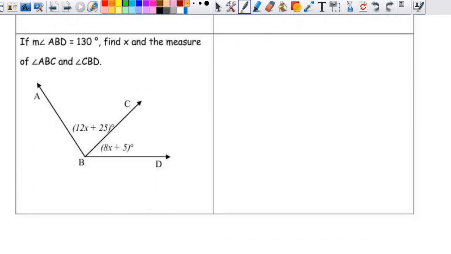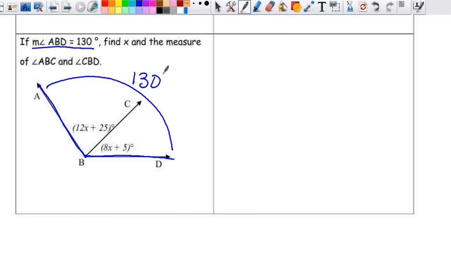All right, so let's add on a little algebra into this for the last problem. We've got the measure of angle ABD. So I'm talking about the whole thing here is 130. A lot of times I like to draw that in so I can picture it on this picture. Find X and the measure of angle ABC and CBD.